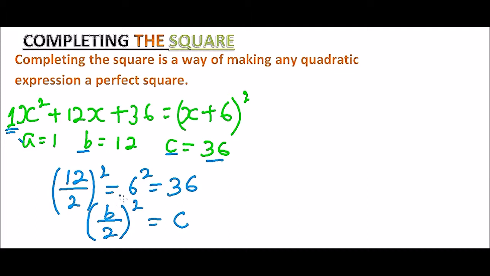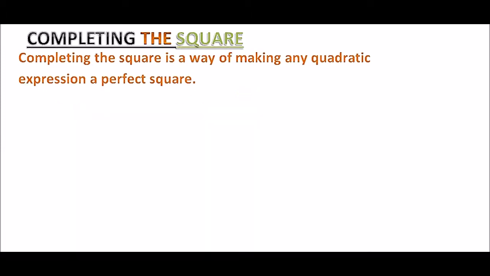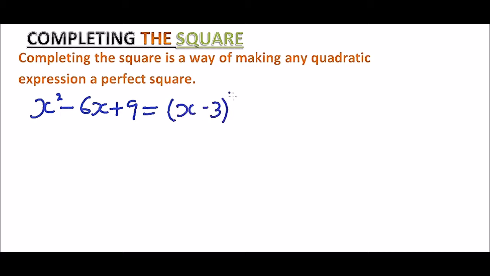So let's see whether, if we take another quadratic expression which is a perfect square, the same relationship works. That is our x squared minus 6x plus 9. When you factor this out, you get x minus 3 into bracket squared.